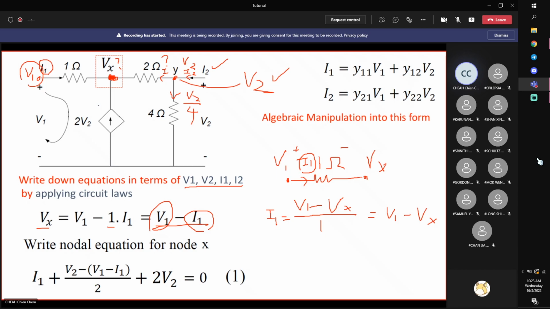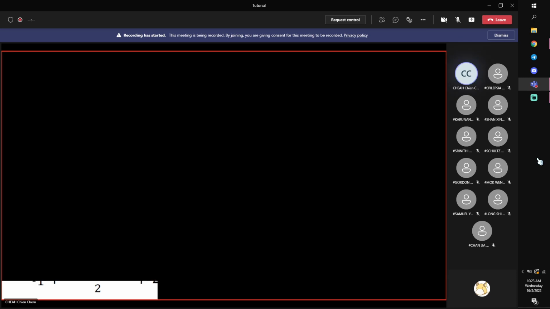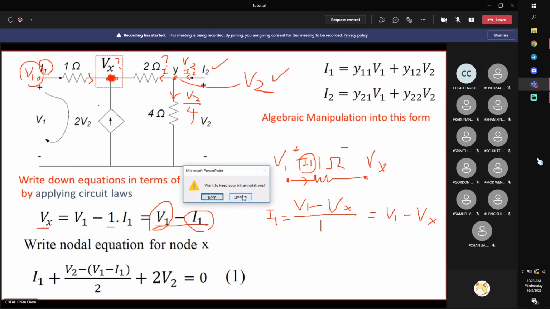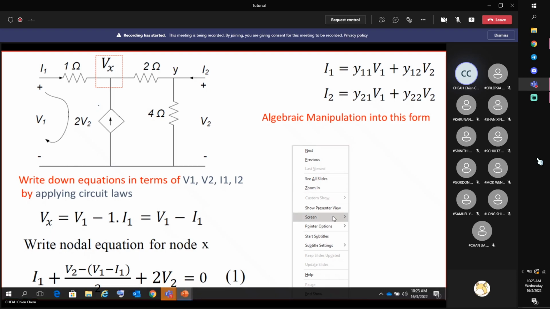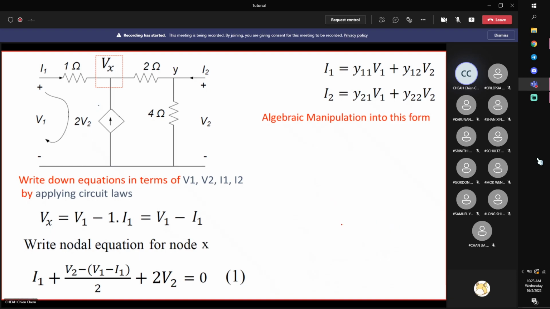If I apply Kirchhoff's law at this node now, the inflows, normally you write V1 minus Vx divided by 1. But for two-port network modeling, you shouldn't do that. Let me clear this first. Because the whole idea is that you would like to write down the equation in terms of any of the 4 parameters. Here, this is already I1.